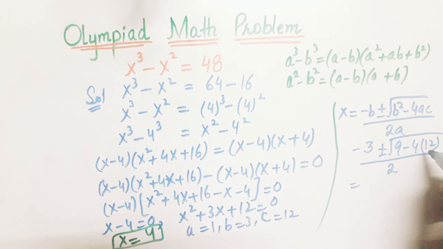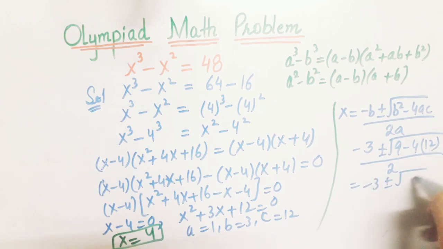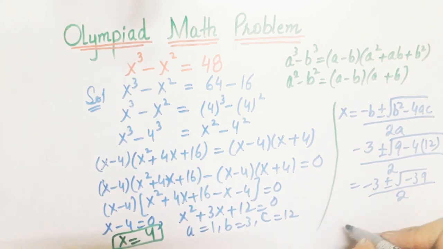So we will get minus 3 plus minus square root of minus 39, divided by 2. Now the square root of minus converts into iota, a complex root, so we get minus 3 plus minus 39 iota divided by 2.